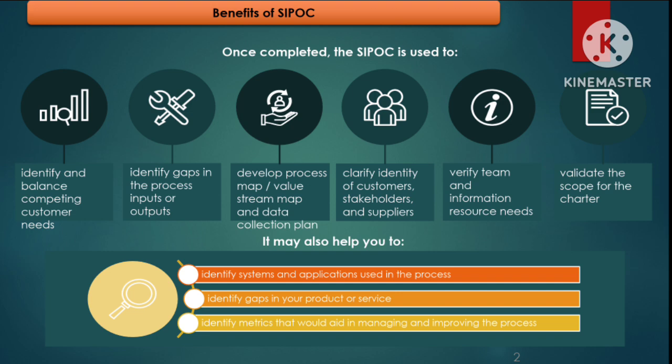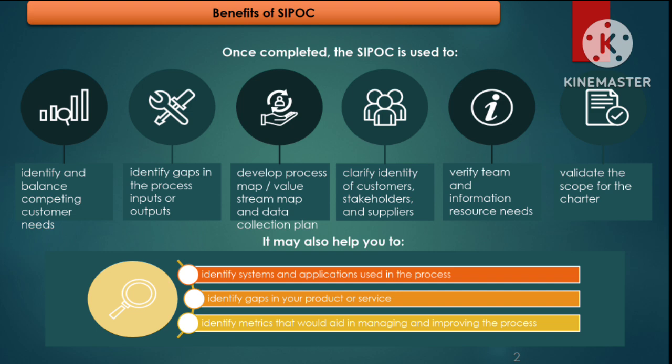Suppliers, who are customers for us. This gives us the clear visibility, and also further helps verify the team required in this entire process. And you get the high level of the process details as well, which you can use in the project charter details.